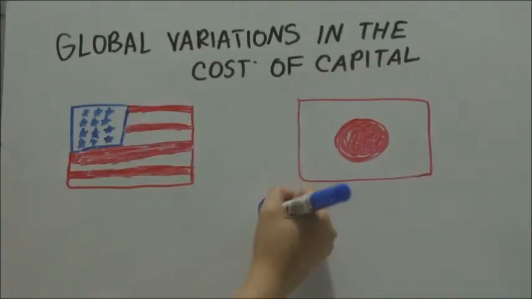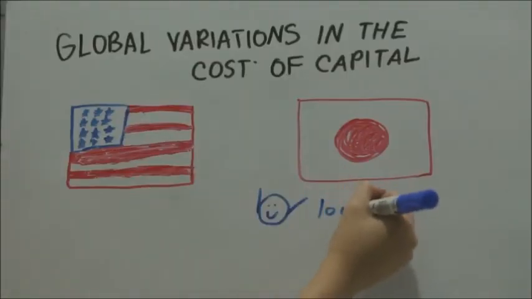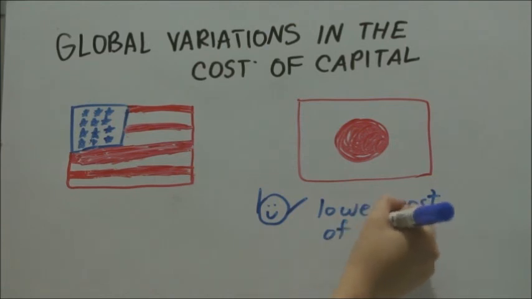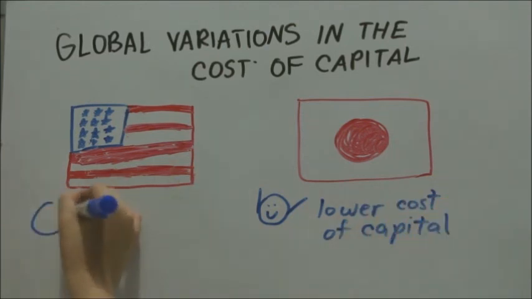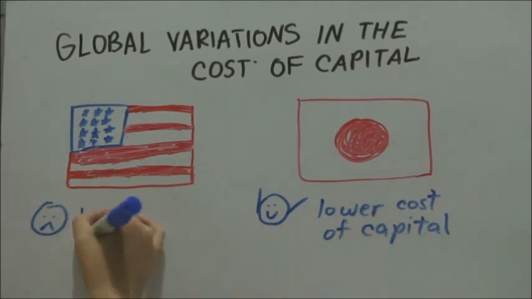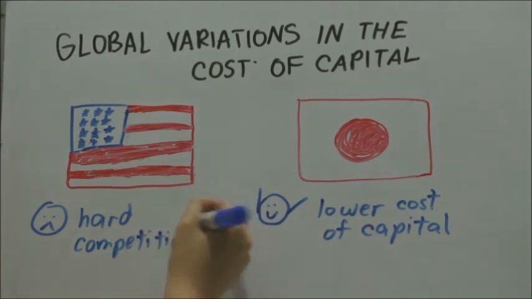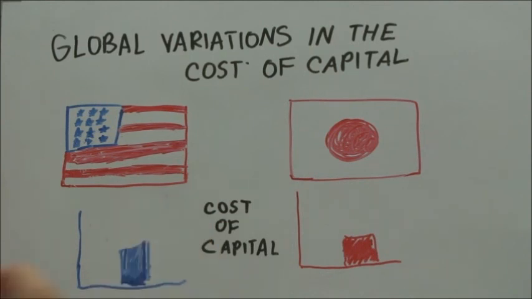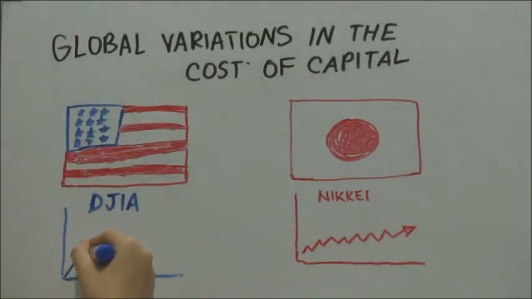In particular, Japanese firms enjoyed lower costs of capital, which lowered their total costs and made it harder for US firms to compete. Recent events, however, have considerably narrowed cost of capital differences between US and Japanese firms. The US stock market has outperformed the Japanese market.